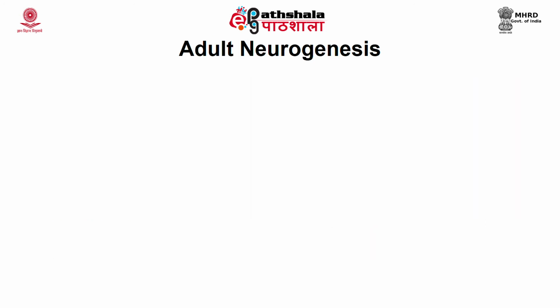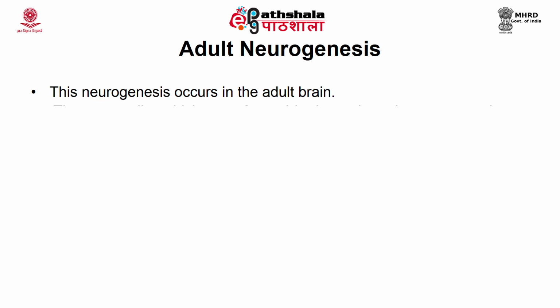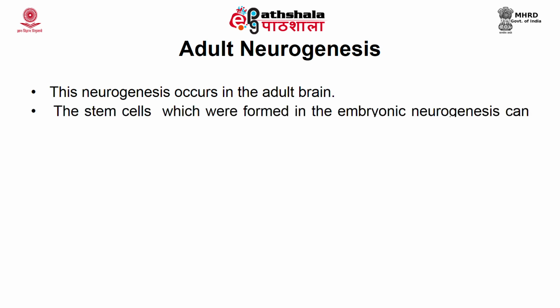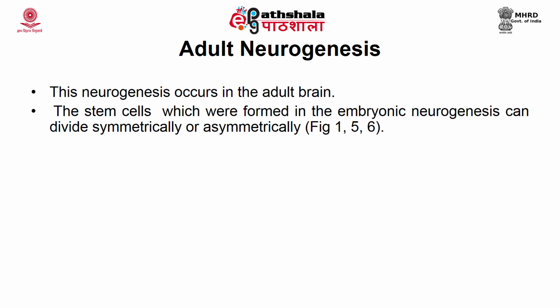In adult neurogenesis, as is obvious, this will happen in the adult brain, and the stem cells which are formed in the embryonic neurogenesis can either divide symmetrically or asymmetrically.